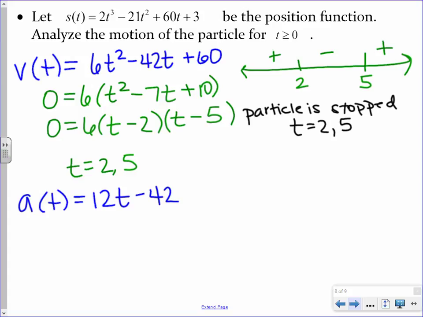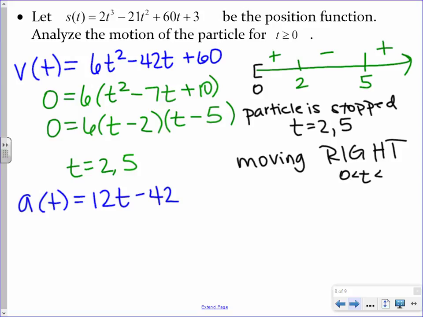Now, technically, we only care about 0 to infinity, right? So our particle is moving to the right when time is from 0 to 2 and when time is from 5 to infinity.